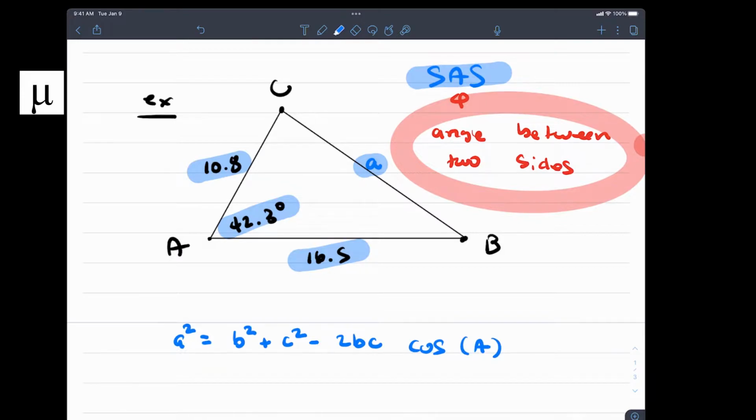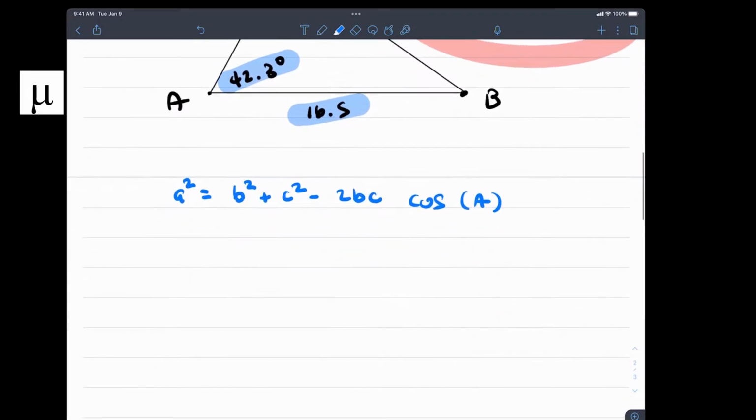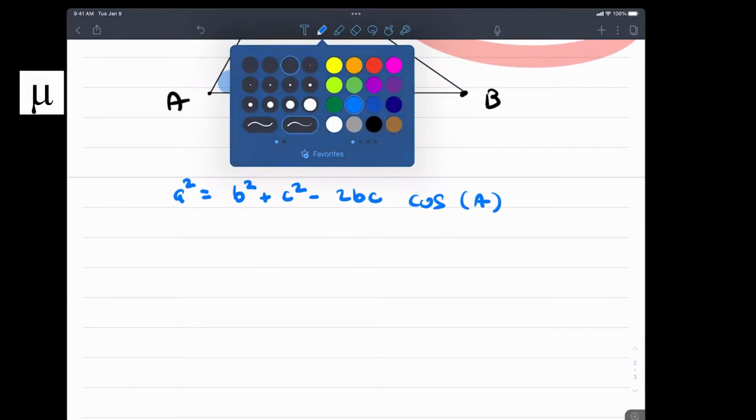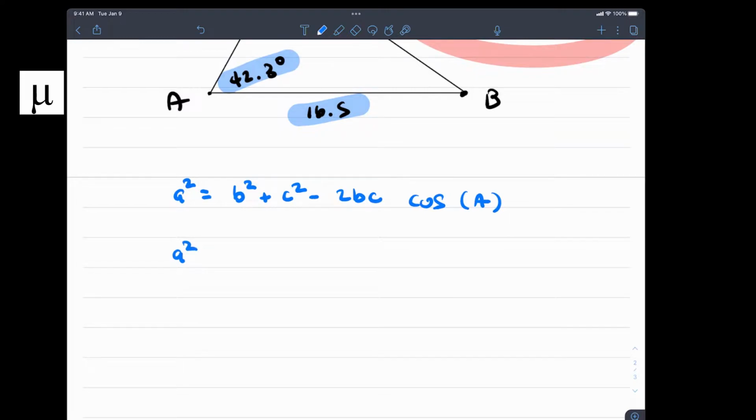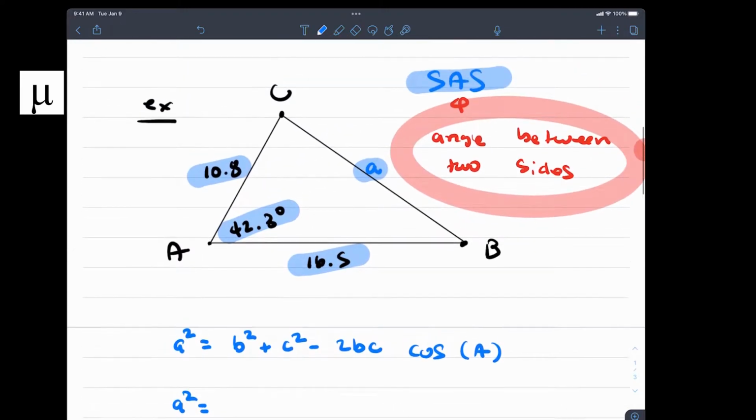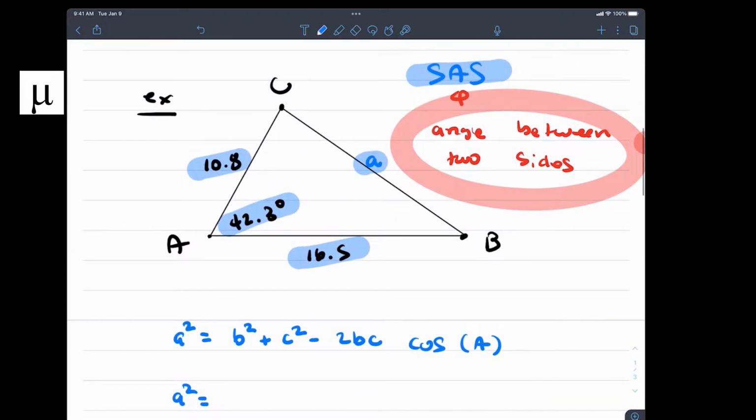Let's get this out of here. So here's what we're going to write down, right? You have what? A squared going to be, now in my mind, ladies and gentlemen, in this situation, it doesn't really matter what you call A or what you call B and C. Okay?